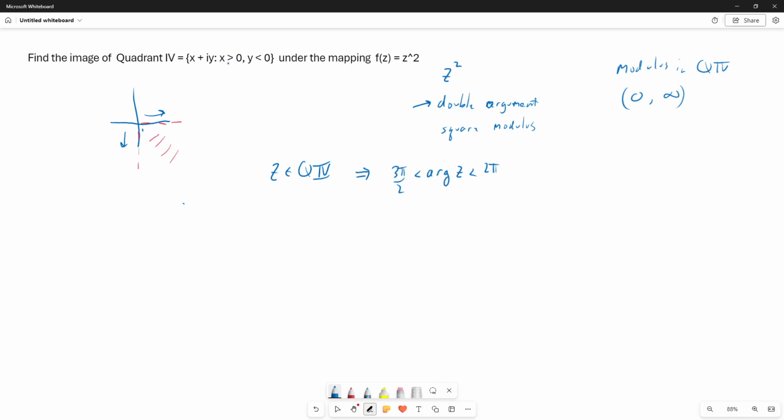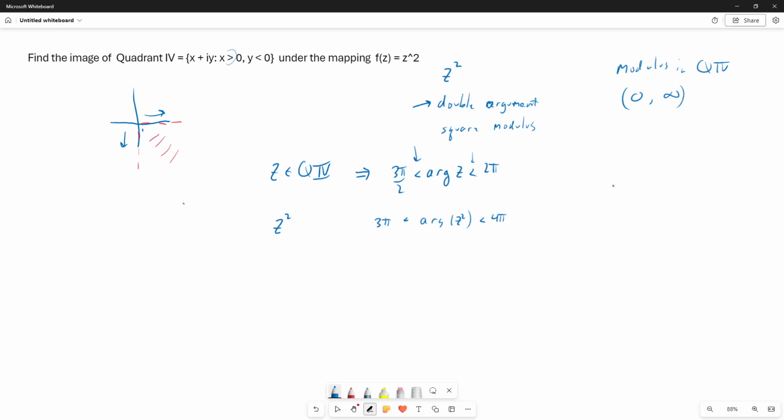And because these are strict inequalities here, so are these. That means that if we look at the argument of z squared, it's going to double. So the argument of z squared is going to be between 3 pi and 4 pi.